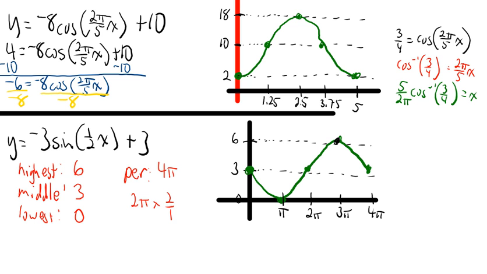And what mode do I want to have my calculator in to get an answer? Radians. If I wanted to be in degrees, instead of having 2 pi over 5, I would have had 360 over 5. But I want to be in radians.